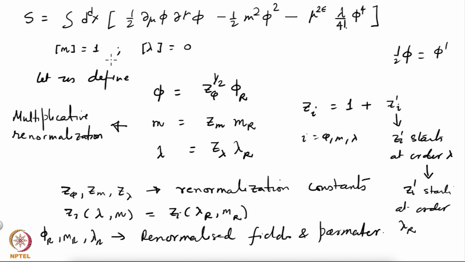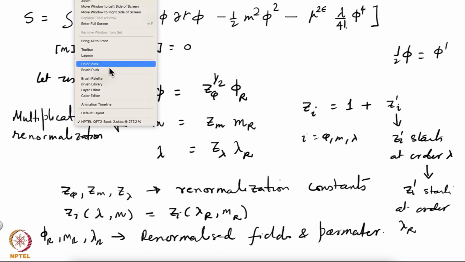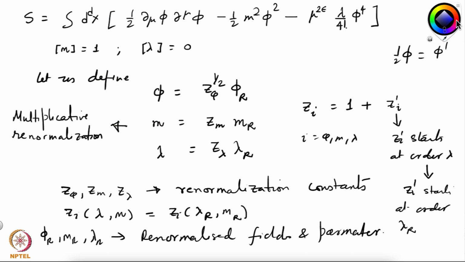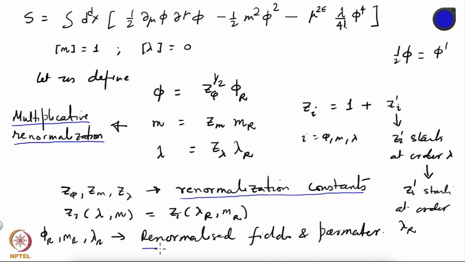These are renormalization constants, and these are called renormalized fields, renormalized mass parameter and renormalized coupling constant.